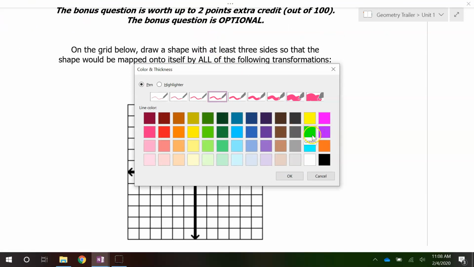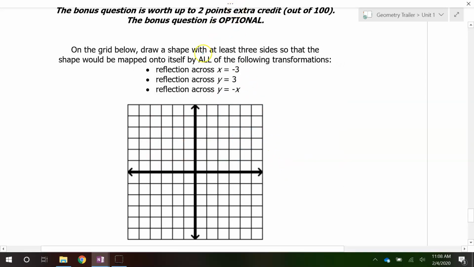Okay, I got to choose my colors wisely. I think I'll start with blue. All right, so I'm going to use blue for this one. So x equals -3. This is a vertical line at -3. So this has to be a line of symmetry for whatever I draw.